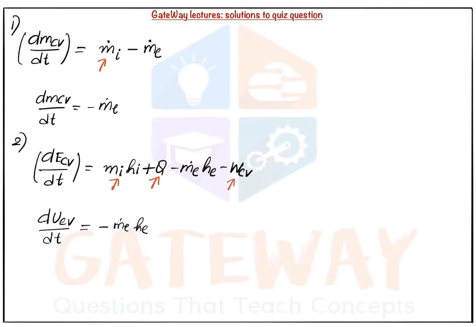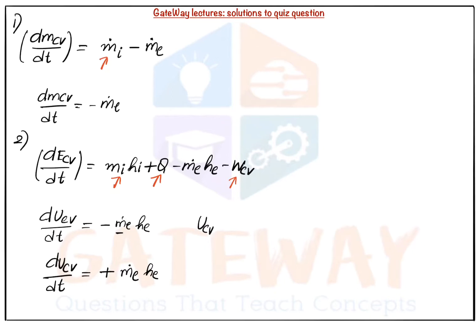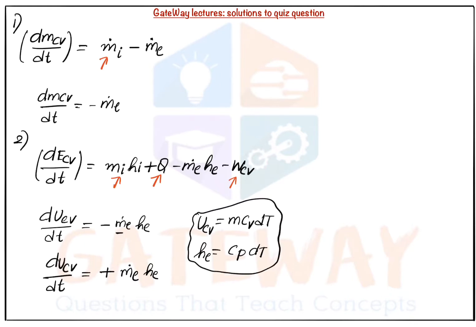Thus the mass is decreasing, so this minus will be getting positive here. So ducv upon dt is equal to positive m dot e he, and we know generally ucv is nothing but mcv Cv dT. Similarly he, small he, is nothing but Cp into dT. We substitute these both values in the final energy conservation equation.